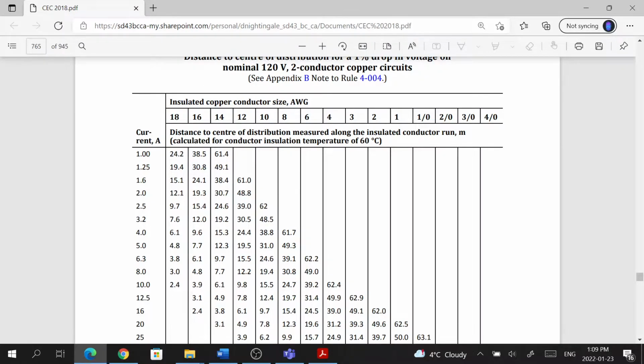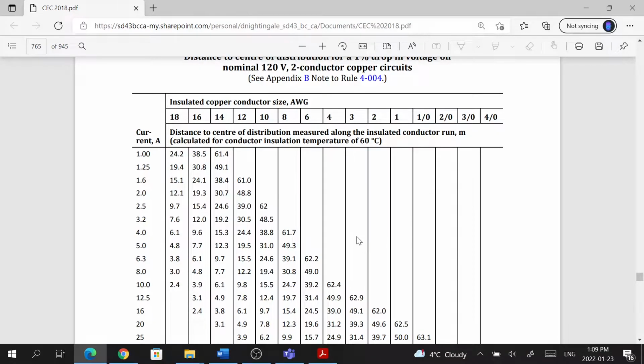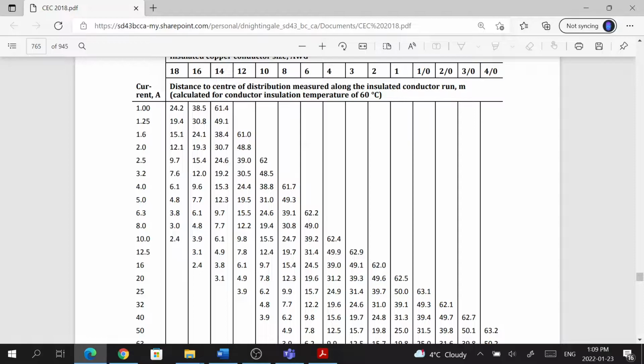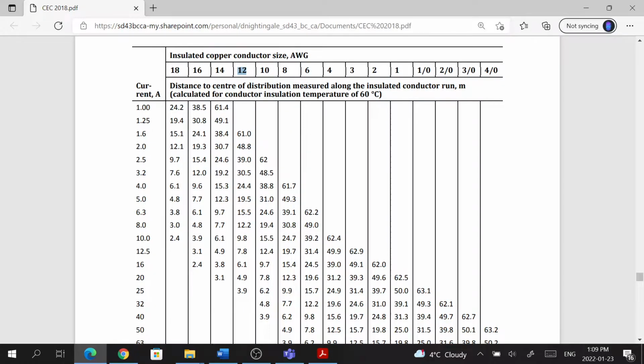D3 is a particular table that deals with the distance to the center of distribution for a 1% drop in voltage on a nominal 120 volt 2 conductor copper circuit. So for instance, we are dealing with 25 amps here, and if we don't want to exceed a 1% drop, then we could use number 12 conductor, but only to 3.1 meters.